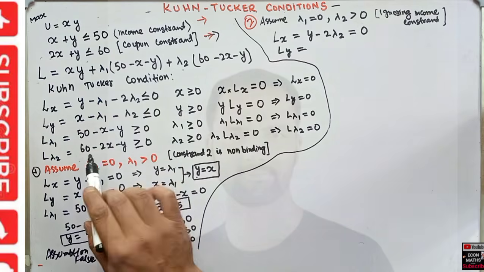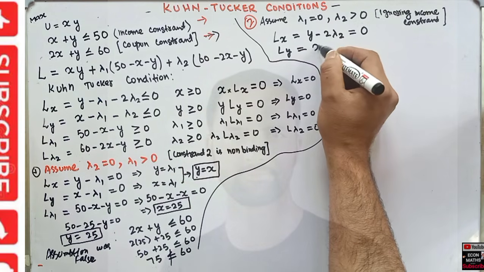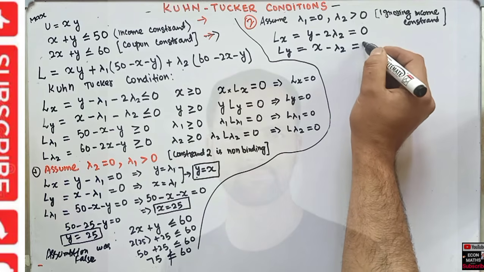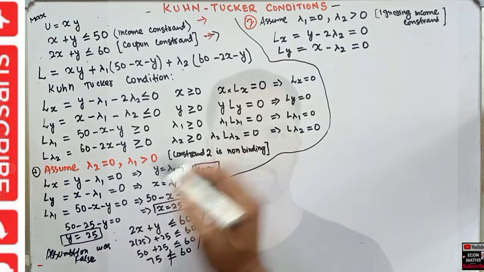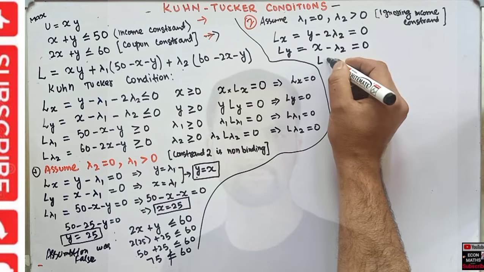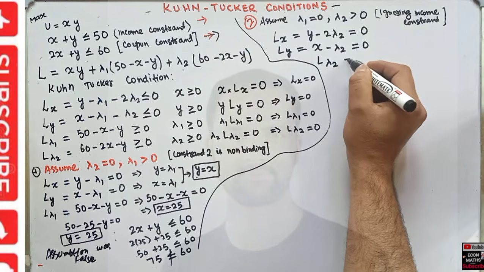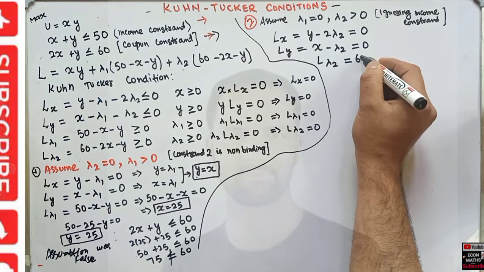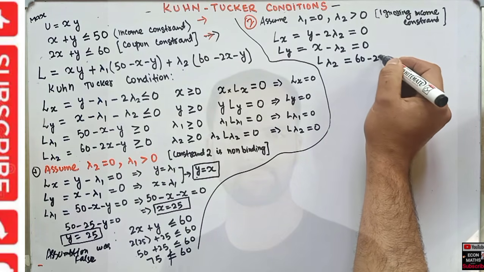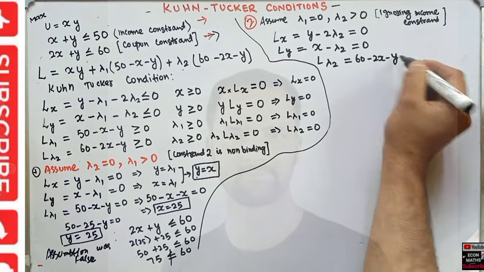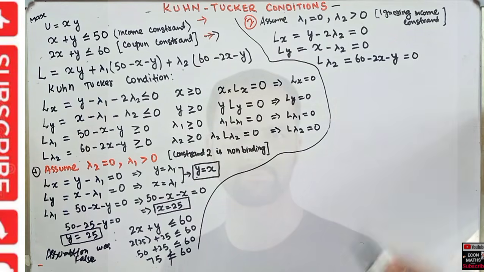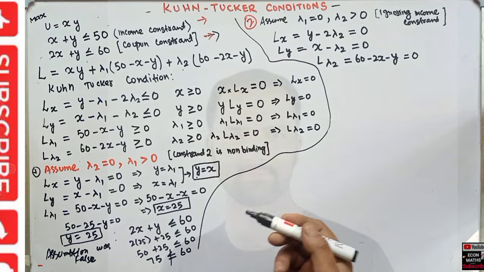So we are left with x minus lambda 2 is equal to 0, and another condition should be L of lambda 2. What is L of lambda 2? It is 60 minus 2x minus y, and it should be equal to 0. Now we need to solve this.